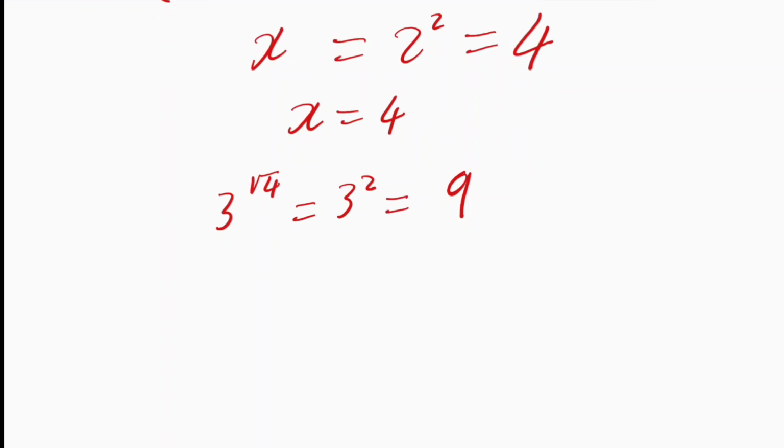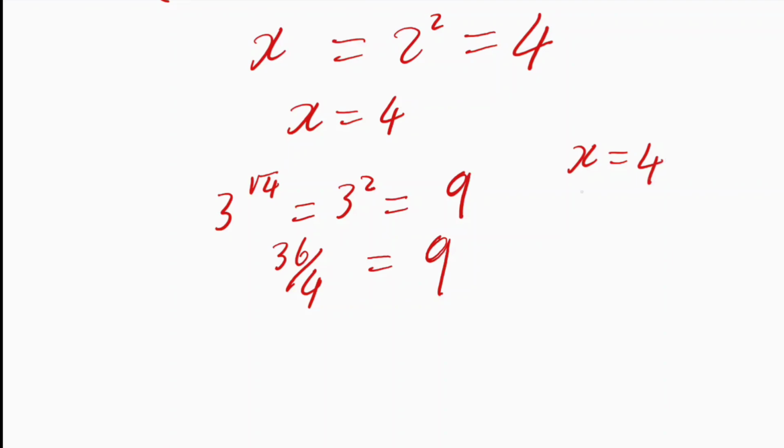Then the right hand side will be 36 divided by 4, which is equal to 9. So this simply means our solution is correct. And from here we see that this is the only solution. x is equal to 4.